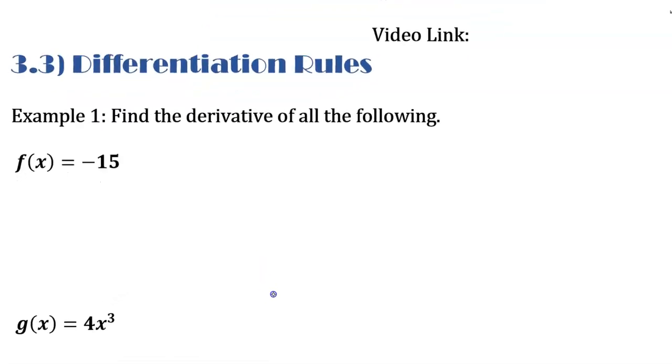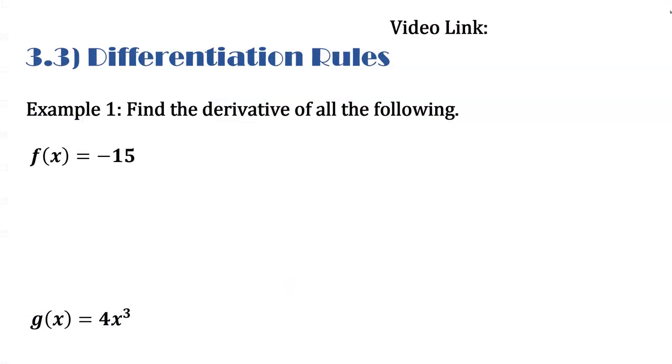So first shortcut is when it comes to constant functions. We can say that f prime, or the derivative of f, or the first derivative of f, we can also write this as d over dx. This is the derivative with respect to x.